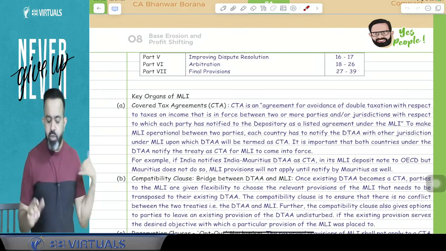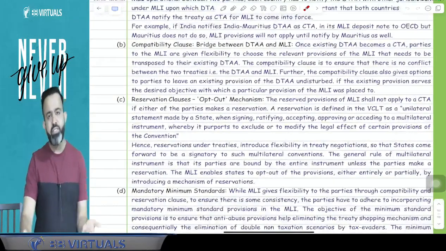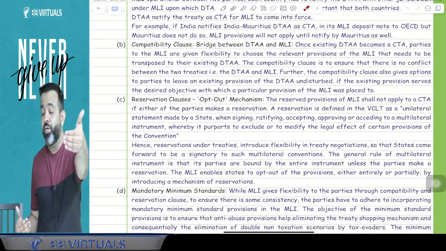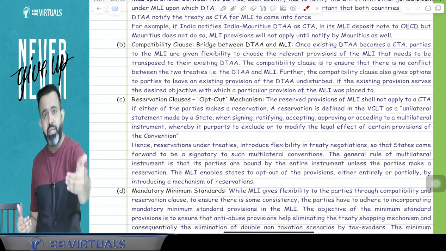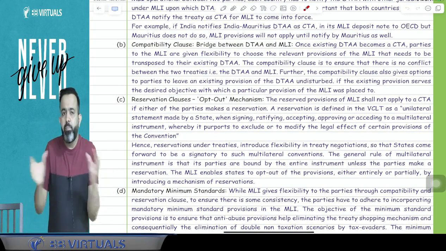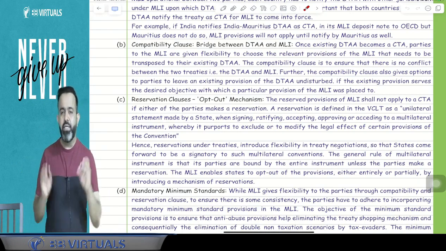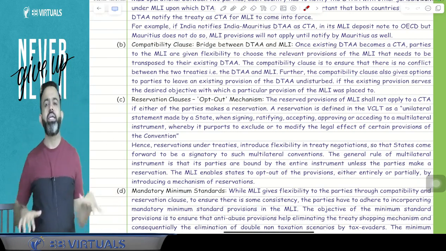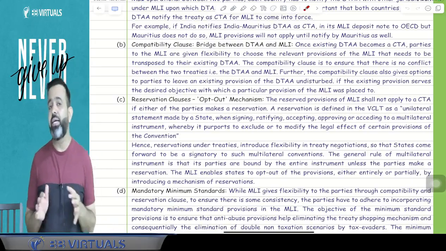So we can put in our reservation clause. The USA will also put in its reservation clause. And after that, if both match, they will say yes, your agreement is changed. So automatically your DTAAs will be changed through the multilateral instrument.